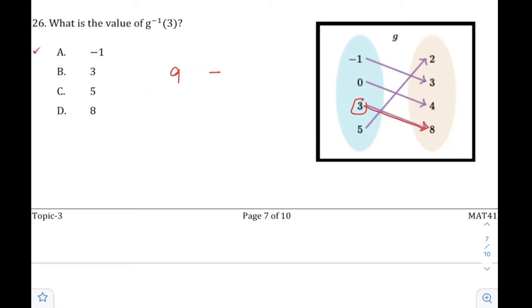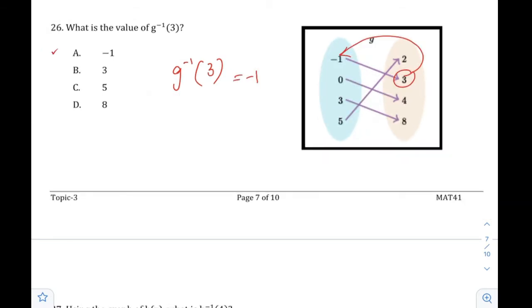The question is asking G inverse of 3. That means we are looking for the value of x when y is 3. So you will go to 3 and see what it was paired with: minus 1. You are not looking at x, you are looking at y now. So the answer is A, definitely.